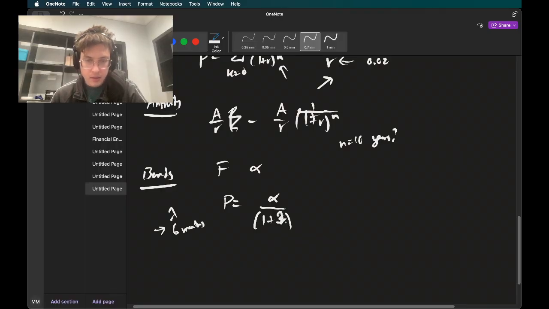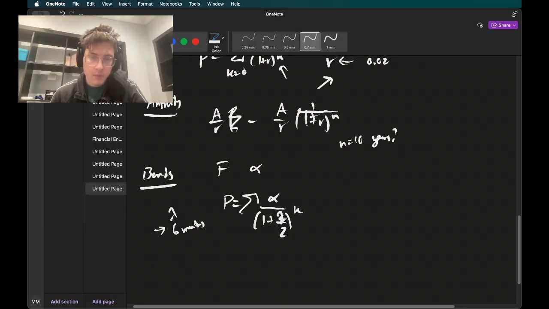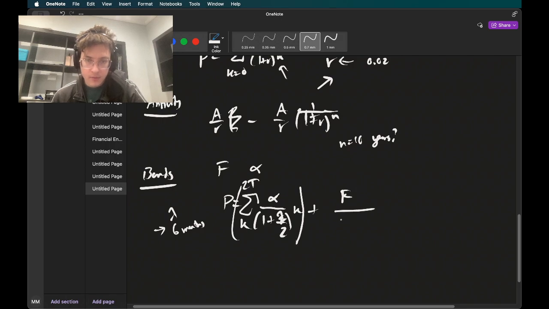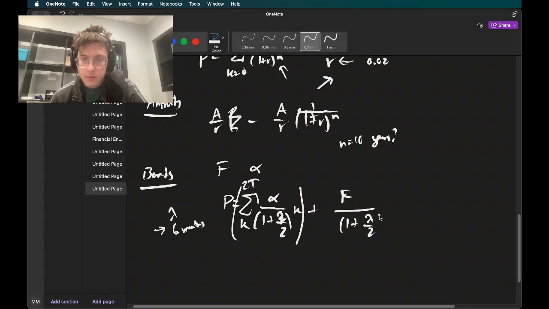So lambda over 2 to the power of k, from k equals 1 to 2t, and then at the end we get F times 1 plus lambda over 2 to the power of 2t. So lambda is r over 2, I suppose.